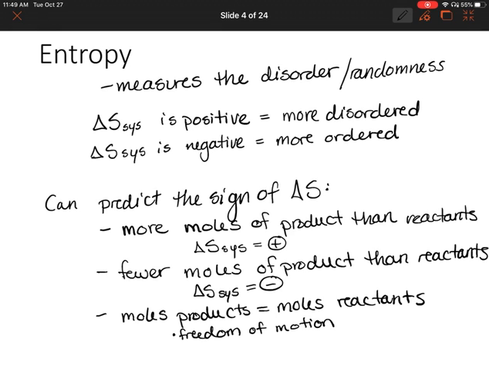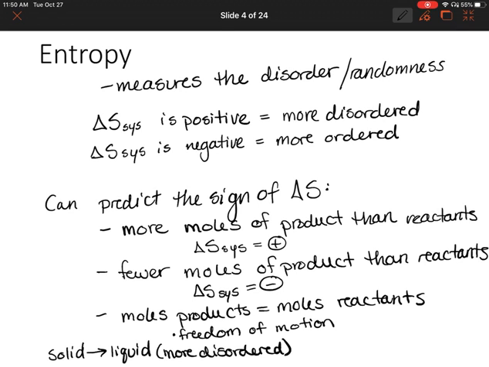So for example, if you go from, let's say, solid to liquid, then your reaction is becoming more disordered because liquid atoms can actually move around a little bit. Solid atoms are pretty stuck in place, so that's more disordered. So delta S would be positive.